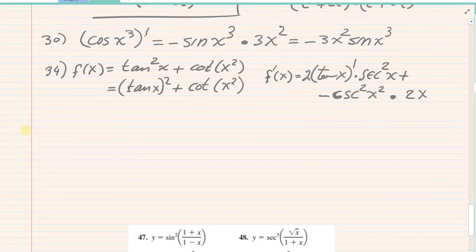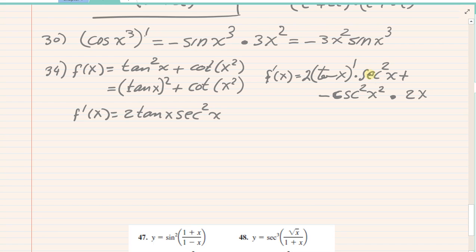Okay, so let me write down the final answer for this one. F prime of x is going to be number 34, 2 tan x secant squared x, right? That's the first part.